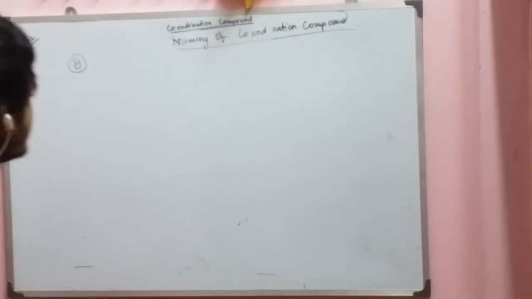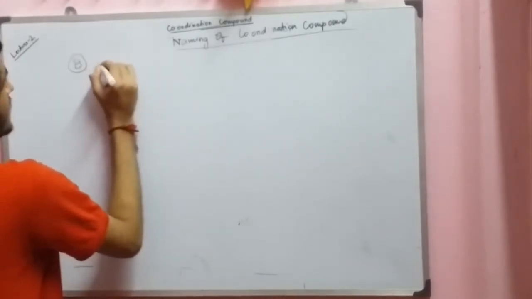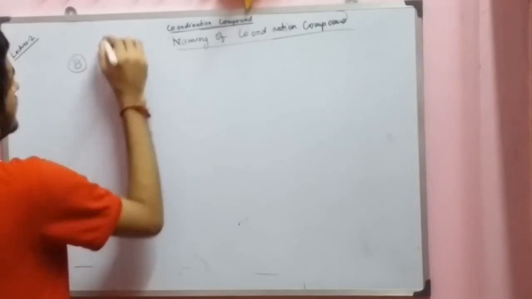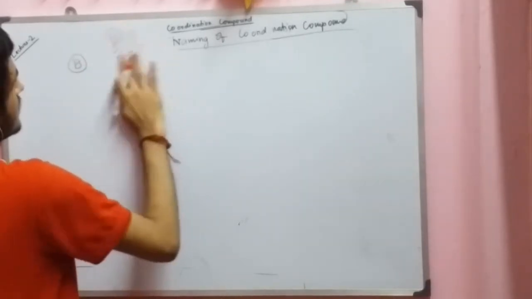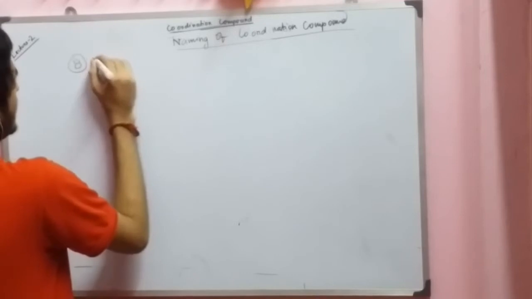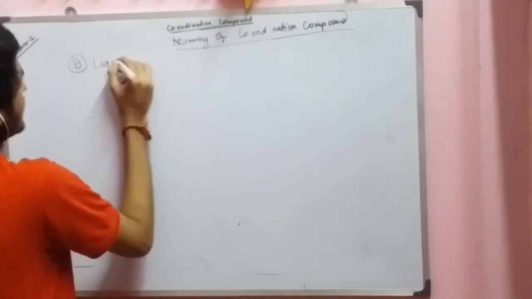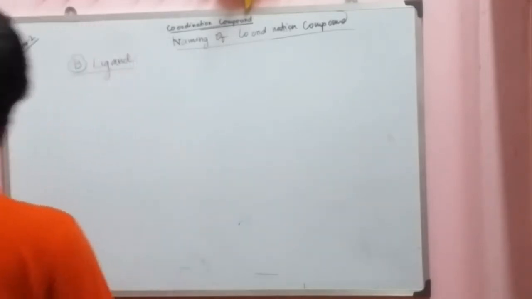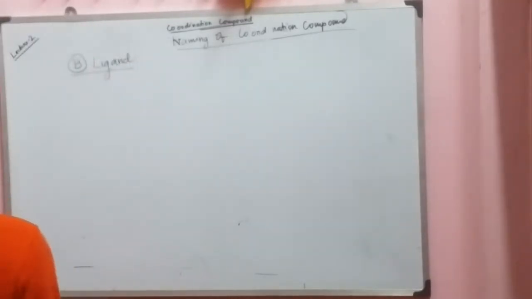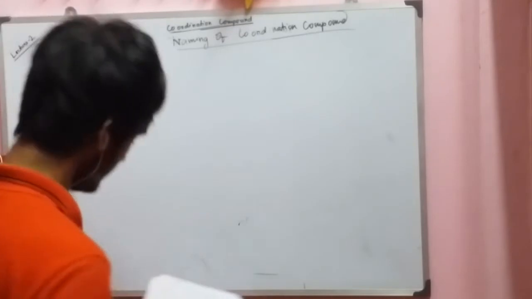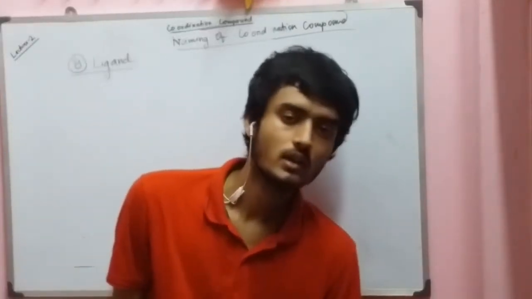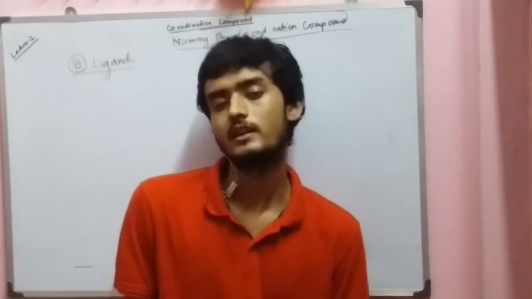Okay, naming of ligand. Here a ligand can be of three types: a cationic ligand, a neutral ligand, or an anionic ligand.